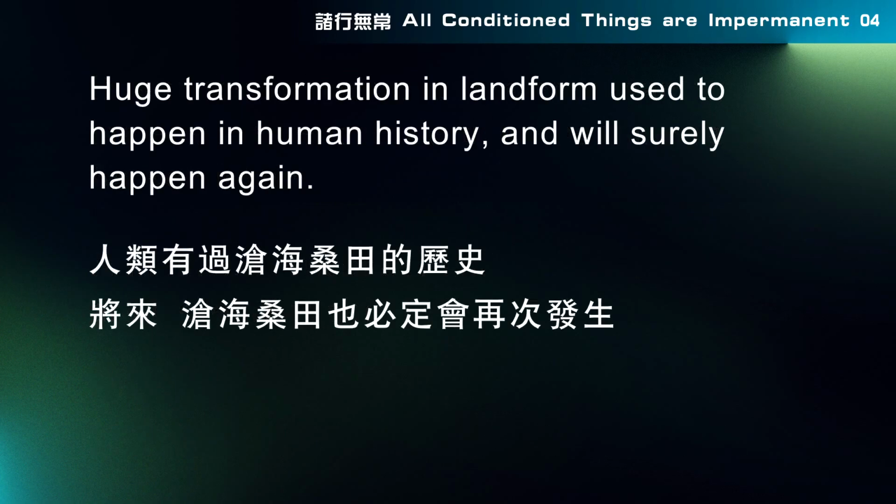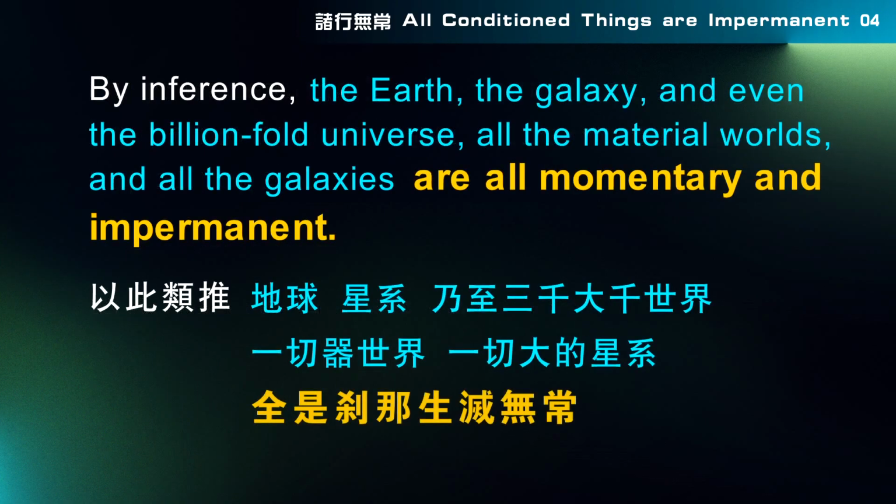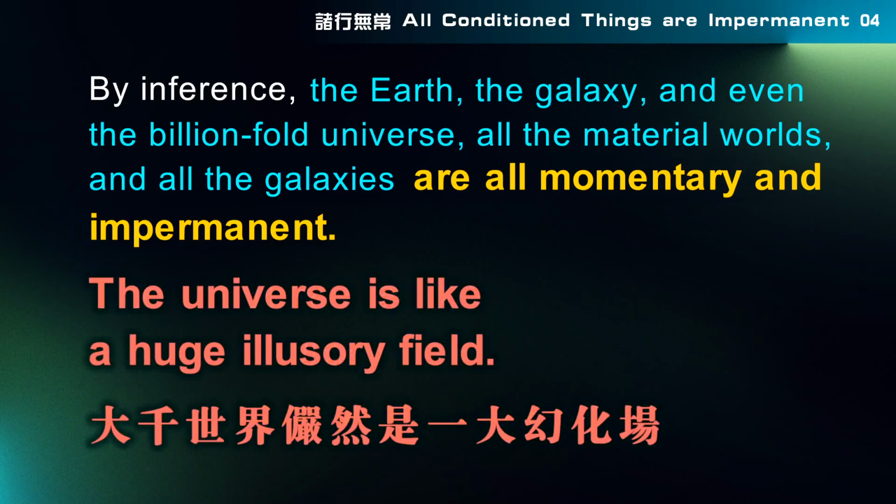Huge transformation in landform used to happen in human history and will surely happen again. By inference, the Earth, the galaxy, and even the billion-fold universe, all the material worlds and all the galaxies are all momentary and impermanent. The universe is like a huge illusory field.